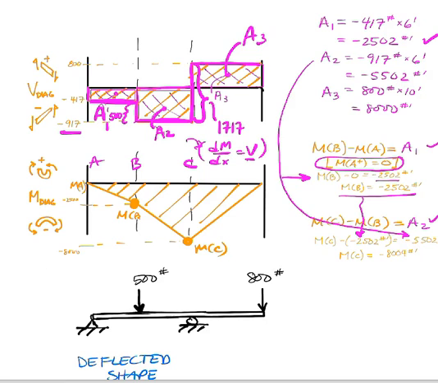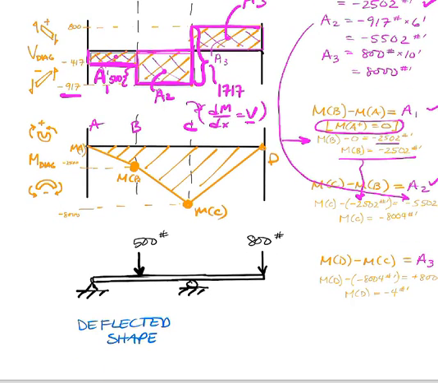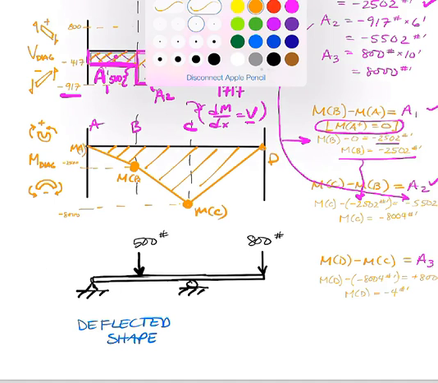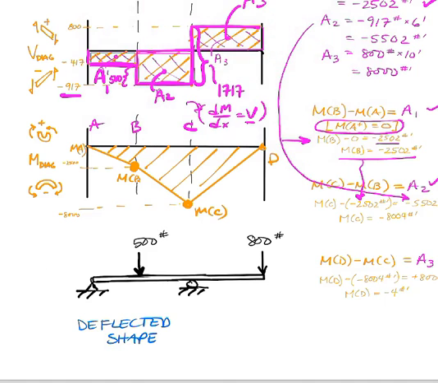And then to close this, we want to use point D. The moment at D minus the moment at C is equal to A3. We just plug in the values that we have, solving as we've moved along. We know MC now, and we've got A3 from up above equal to 8,000.